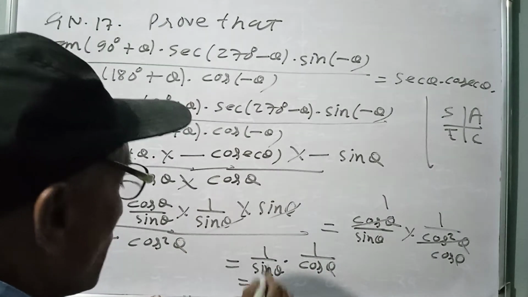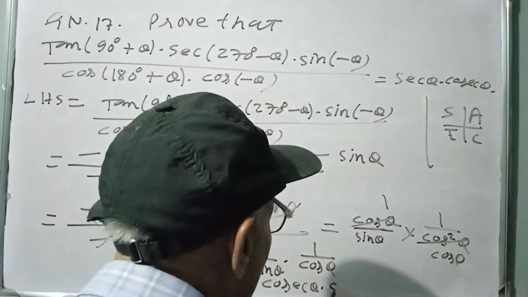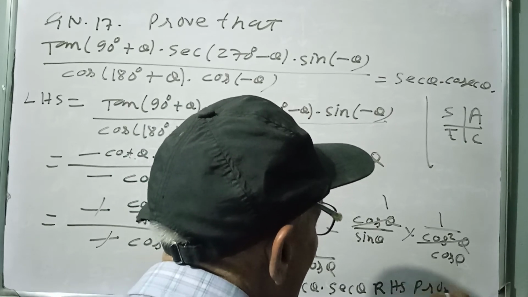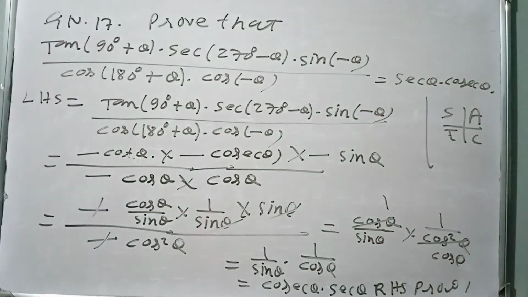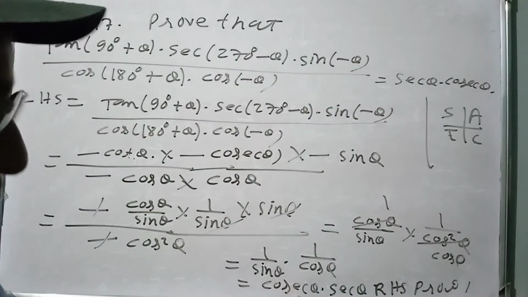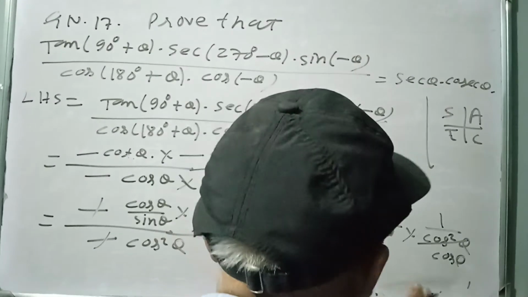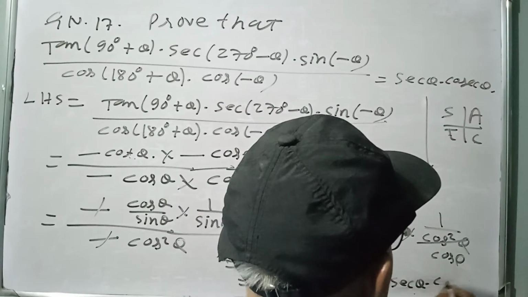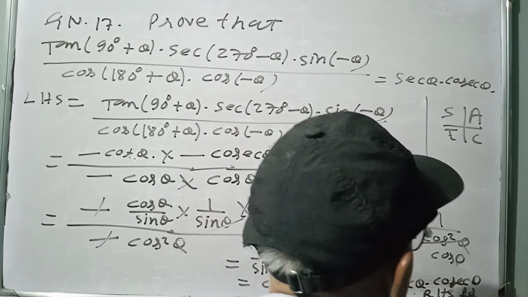By reciprocal, 1 by sin is cosec theta, 1 by cos is sec theta. Right hand side: you can write cosec theta into sec theta and sec theta into cosec theta. Multiplication is associative, like A into B, B into A. So you can even write cosec into sec, sec into cosec theta. RHS proved.